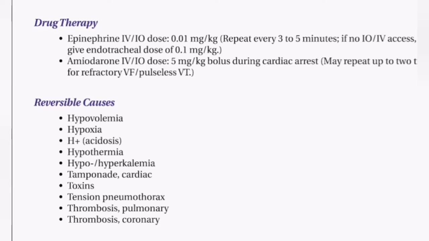You can give it at any time after the second rhythm check, followed by a saline flush. You have to repeat it every 3 to 5 minutes during cardiac arrest, or this ventricular fibrillation or pulseless ventricular tachycardia.